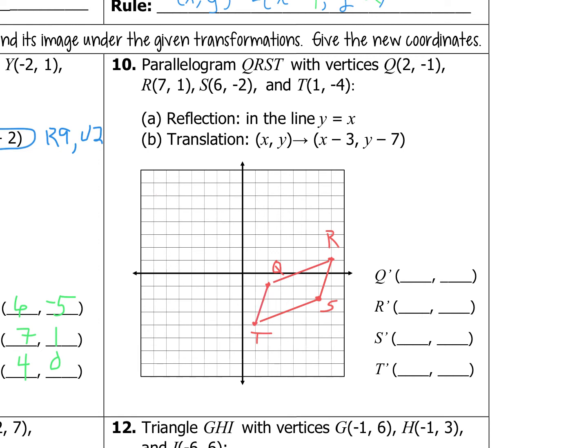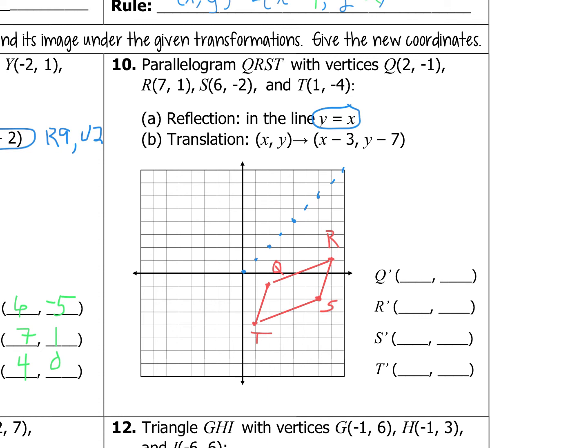Okay, so our first transformation is going to be a reflection. So we're going to reflect over the line y equals x. So remember, you've got to plot that line y equals x. Its y-intercept is at 0 and it has a slope of 1. So up 1 to the right 1, up 1 to the right 1. So I'm just going to keep plotting that all the way across the graph.